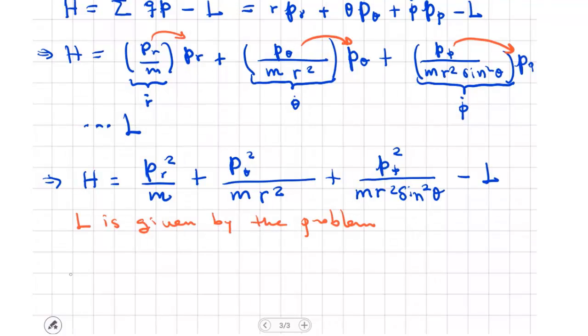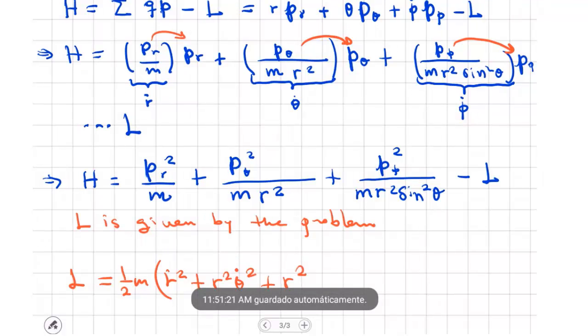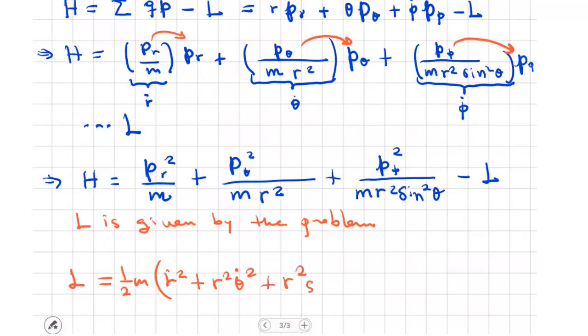And the Lagrangian is L equal to 1/2 of the mass, parentheses, r dot square plus r squared theta dot square plus r squared sine square of theta phi dot square minus the potential.